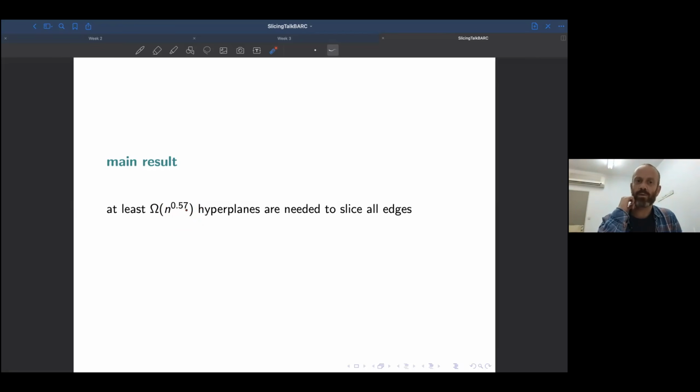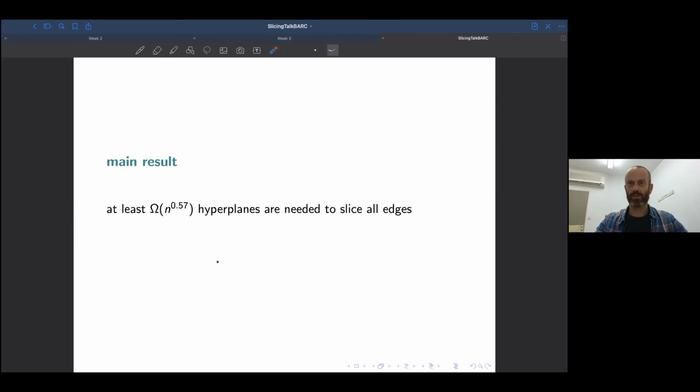I don't think it will give something much better, but I think the ideas can maybe be improved if combined in a more efficient way. I want to explain to you how to prove this lower bound, and also to show some interesting ideas that came while we tried to prove some lower bound. Okay, so this is the goal.